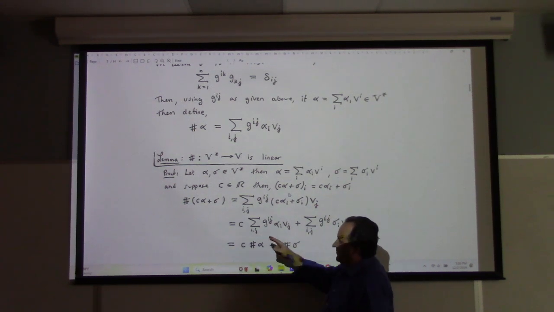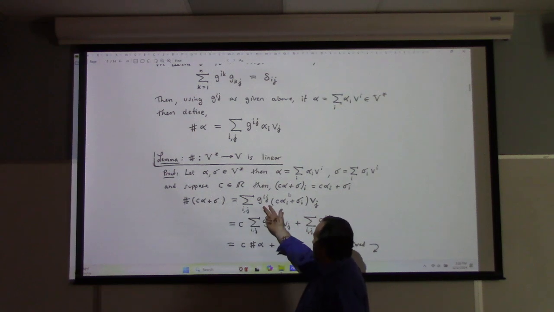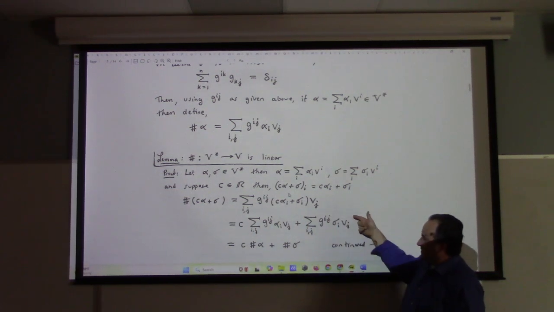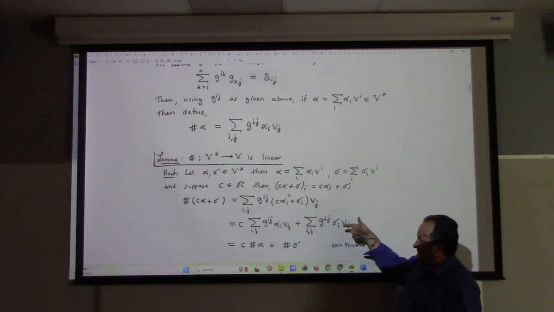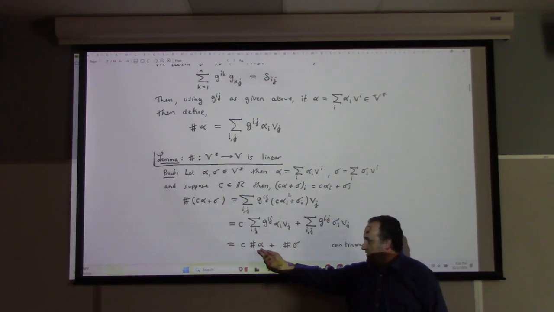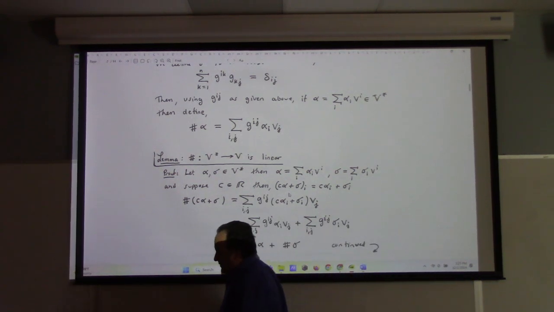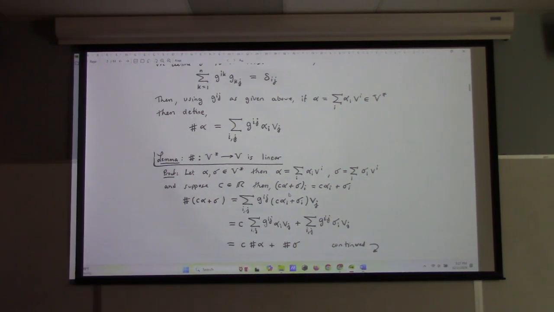If I take the sharp of this, I have to contract the inverse metric against the ith component of the form, which is this. When I use the properties of finite sums, I get that. Pull the constant out, and lo and behold, I've got C sharp alpha plus sharp sigma, which is to say it's linear. So that's essentially all I needed for the bilinearity, right?